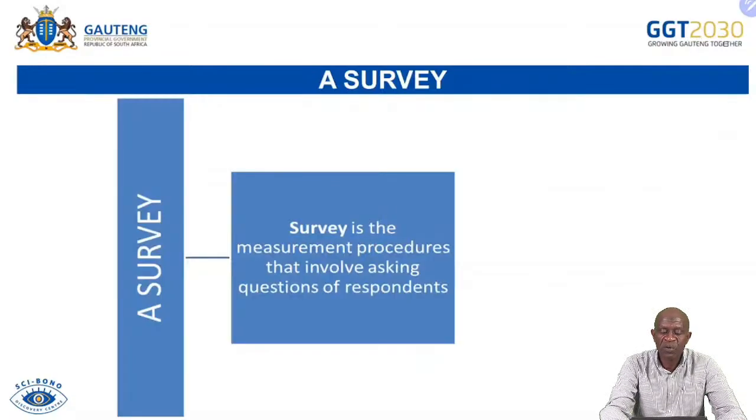Now, if one could be asked what a survey is, it can be explained as a measurement procedure that involves asking questions from respondents. Respondents are people who answer the questions. So it is a measurement procedure that involves mainly asking questions from the respondent.